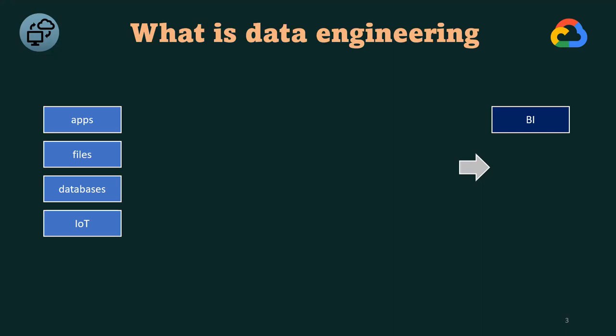Whatever data we are extracting, we have to provide in a cleaned, prepared format. Whenever you send the data in an analyzed format, it will be useful for creating dashboards, reports or visualizations, so that the business will be able to easily understand the business and take a proper decision for business improvement.